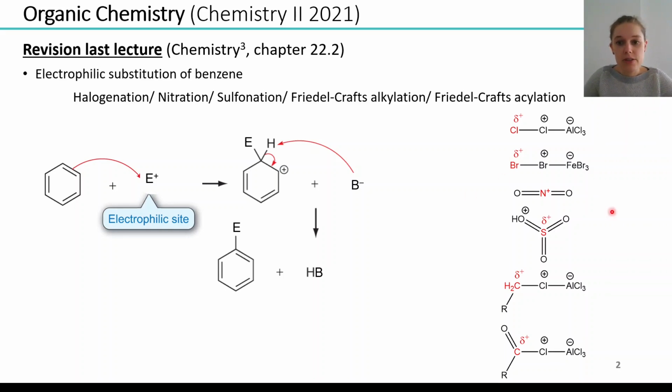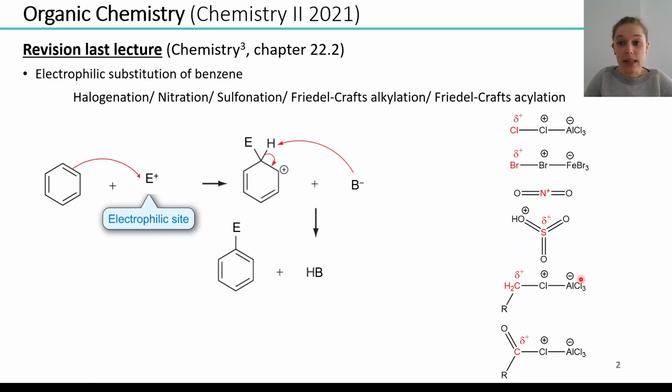For the nitration, this nitronium ion, which is a strong electrophile, results from an acid-base reaction of sulfuric acid and nitric acid. For the sulfonation, the initial step is again an acid-base reaction in order to form a stronger electrophile. Here the sulfuric acid reacts with sulfur trioxide, and this hydrated sulfur trioxide then reacts as the electrophile.